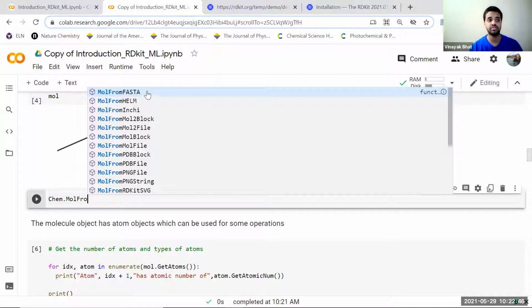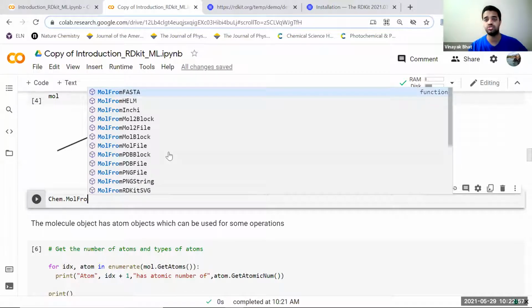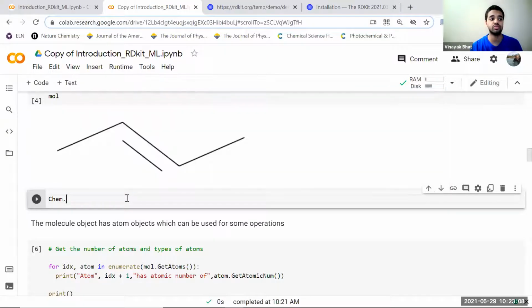You can use a FASTA, you can use an InChI, you can use a mol block, you can even use a PDB file to load it. You can do it from SMARTS, sequence, all of these. I just showed you one example wherein we use SMILES because it's easier for us to just type in something, but you can use any of those to load in your molecules and get the molecules from there.